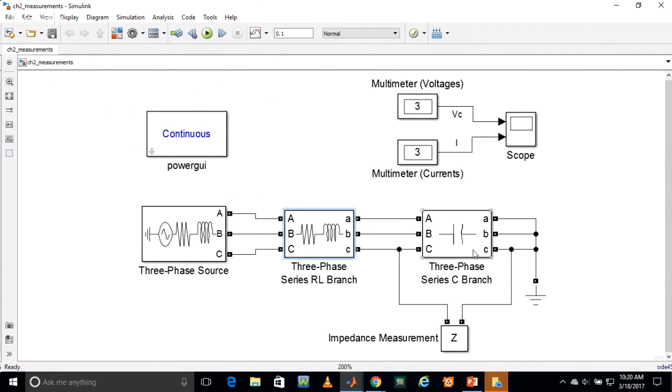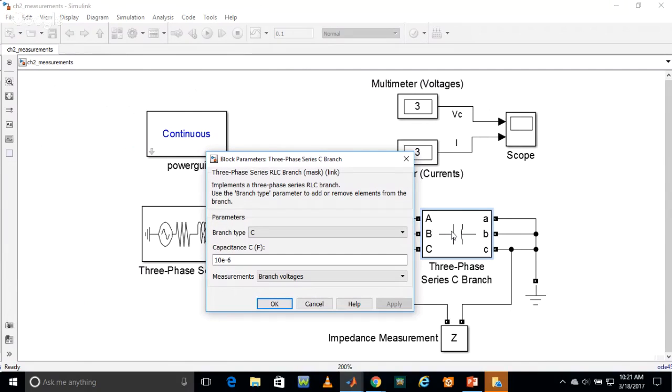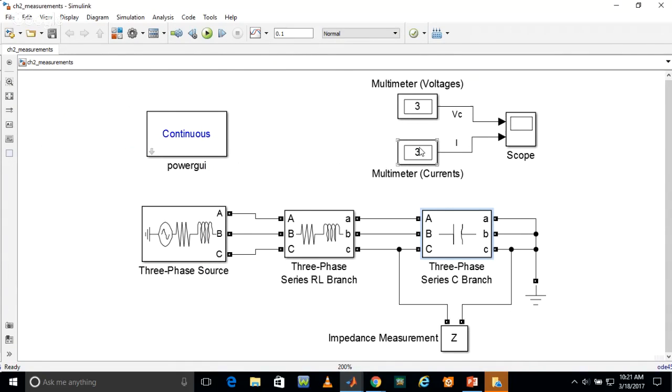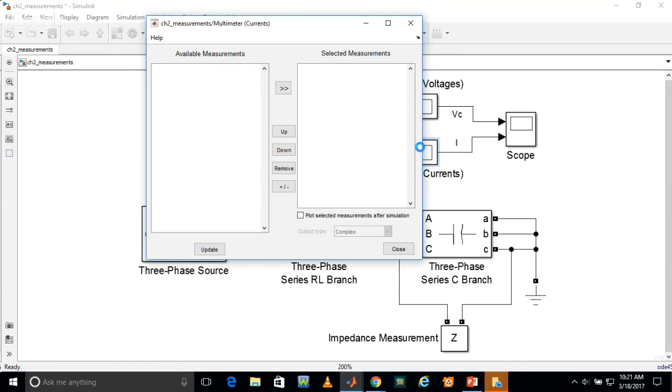If you double click this three-phase series C branch, under Measurements it has selected branch voltages. As we have selected branch voltages in the measurement, these will come into the multimeter. The multimeter will check for the number of measurements you have put in these blocks.